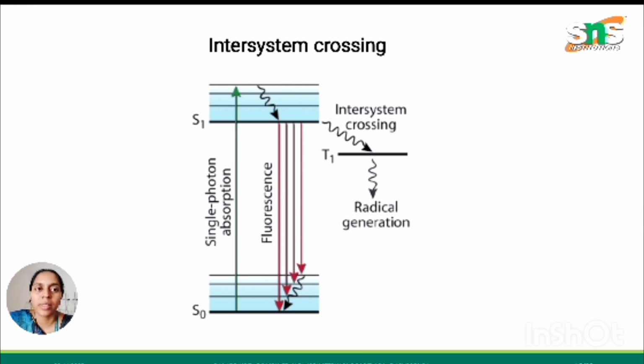We can say this is a forbidden transition because the singlet excited state will have unpaired electrons with opposite spin, whereas the triplet excited state will have unpaired electrons with the same spin. So the spin difference between these two levels is very large. So it is really forbidden to transfer the electrons from singlet excited state to triplet excited state, but it is happening because of some environmental conditions, and that is called intersystem crossing.